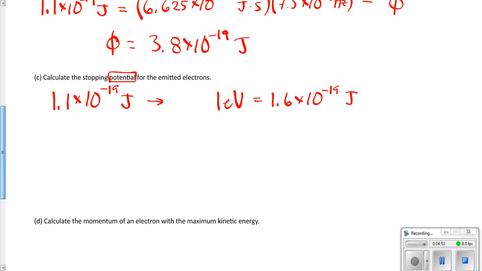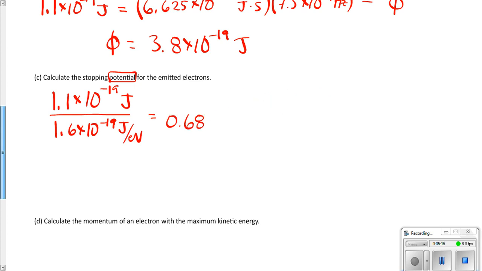So if we have this many joules, we can divide that by 1.6 times 10 to the negative 19th joules per eV, and we get the amount of electron volts we have. So 1.1 divided by 1.6 will give us 0.68 electron volts of energy.